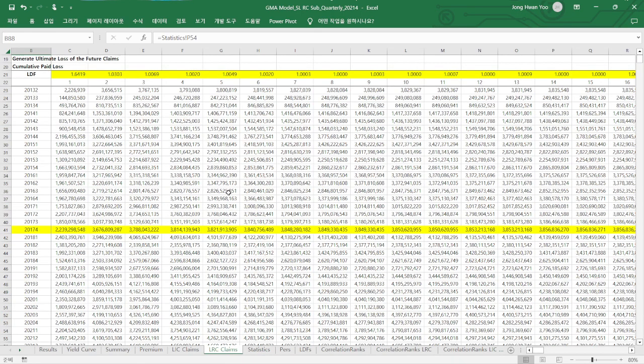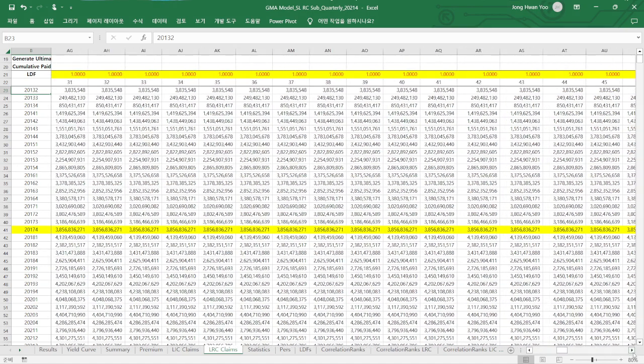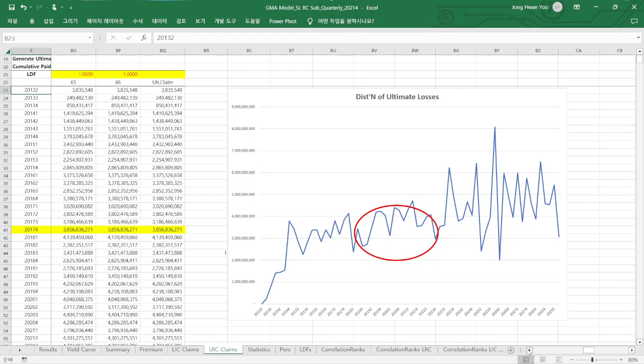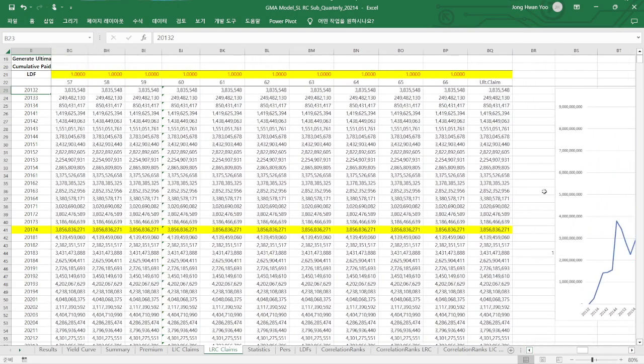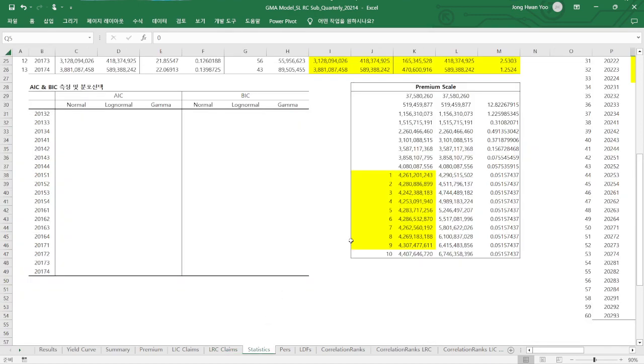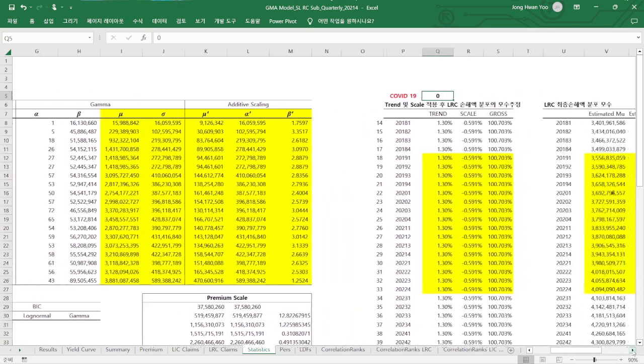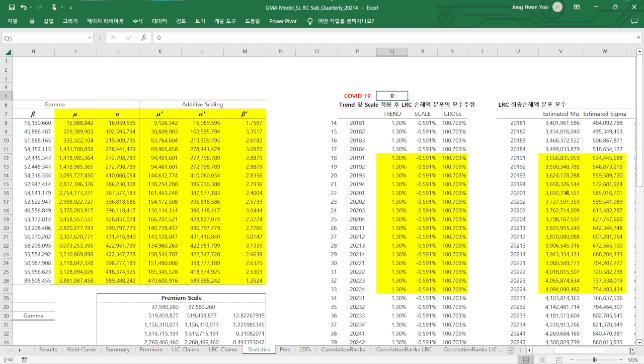That's where I'm doing this job. The way I do it is that I first generate the scenarios for the ultimate claim distribution for each different accident quarter out of these estimated parameters.